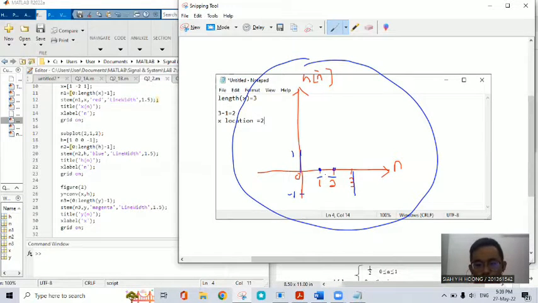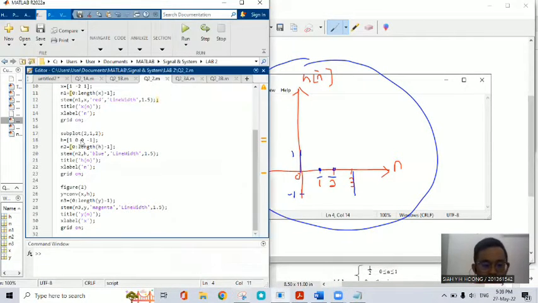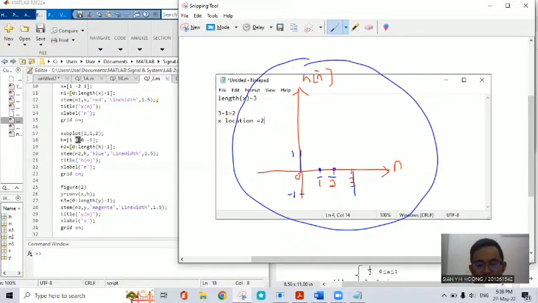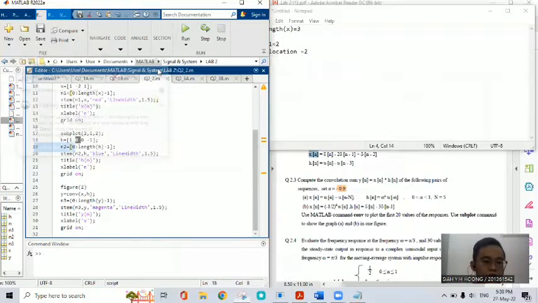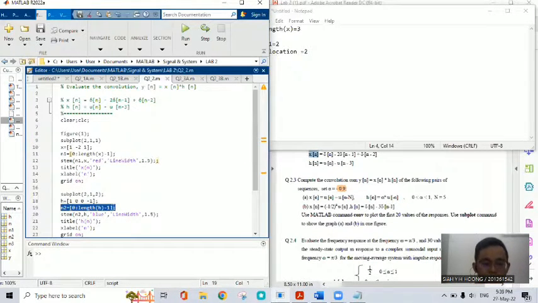When n equals 1 and 2, I will have 0 magnitude. When n is equal to 3, I will have -1 as magnitude. Then I declare again the time instant for my impulse response, plot my graph using the stem function, declare the title and the label, and turn the grid on. This is what is happening in figure 1.